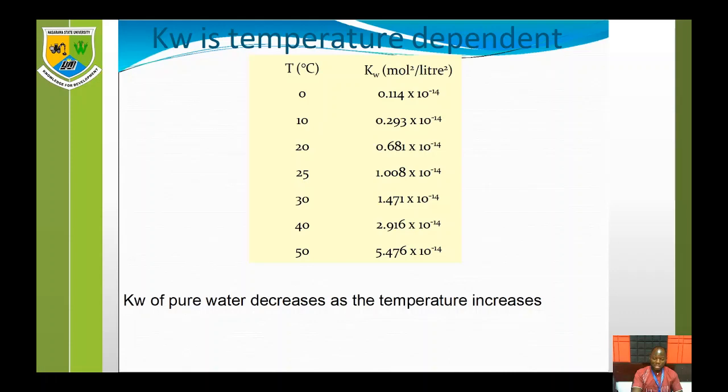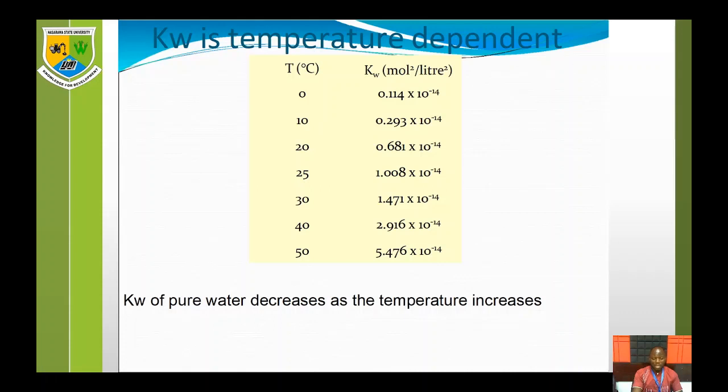At 20 degrees centigrade, it is 0.681 times 10 raised to power minus 14. At 25 degrees centigrade, it is 1.008 times 10 raised to power minus 14. At 30 degrees centigrade, it is 1.471 times 10 raised to power minus 14, and so on.